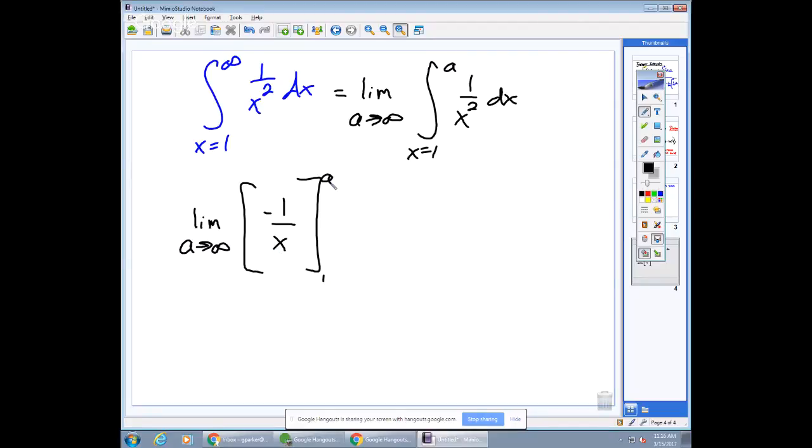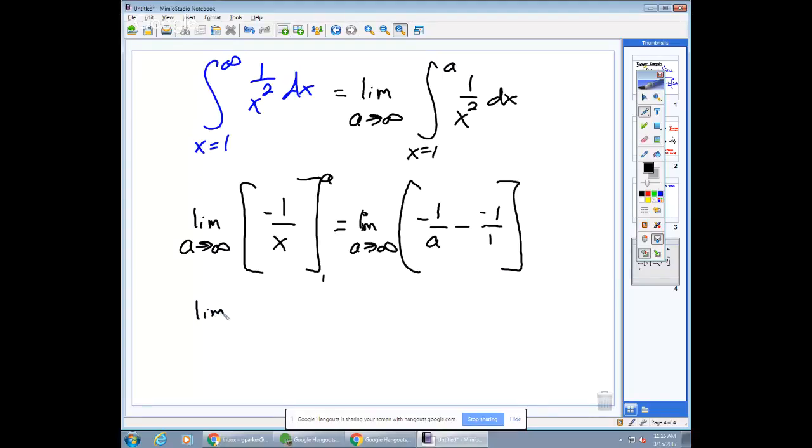From 1 to a. Plugging in my boundaries, I get the limit as a goes to infinity of -1 over a minus -1 over 1.